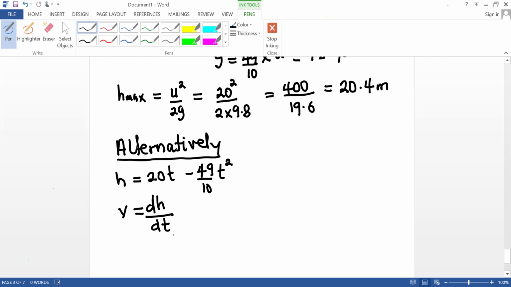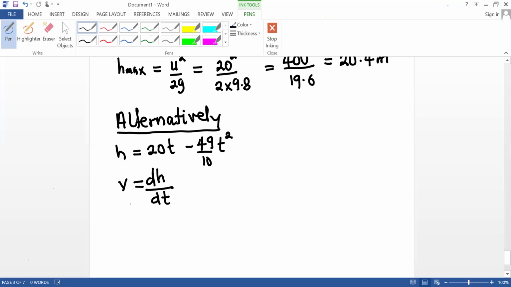If I want the velocity equation, I must differentiate the distance equation with respect to time. So dh over dt is equal to the rate of change. If I differentiate 20t with respect to t, what will be left is 20. The differential of the other term with respect to time will be 2 times 49 over 10, and what will be left is t.